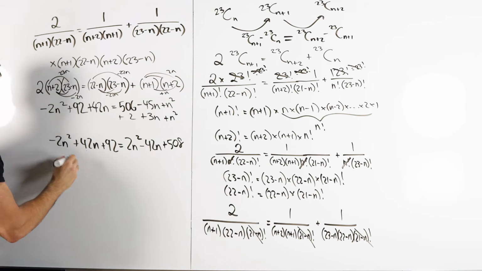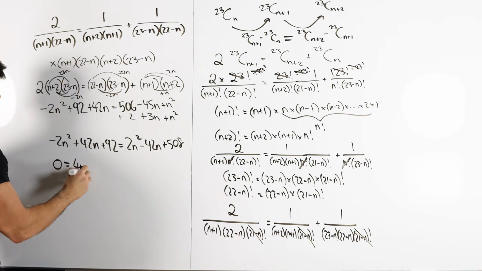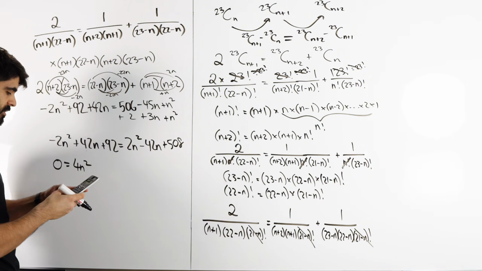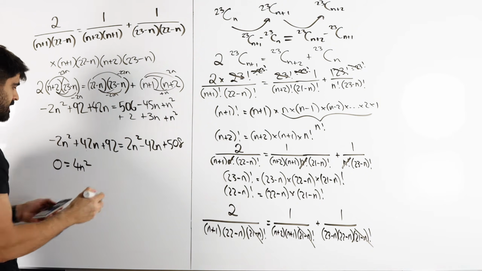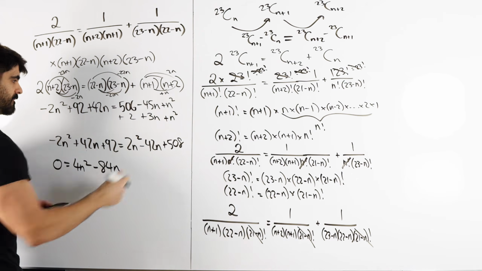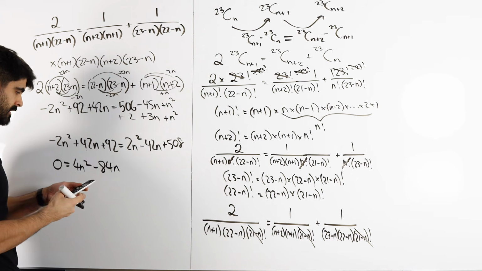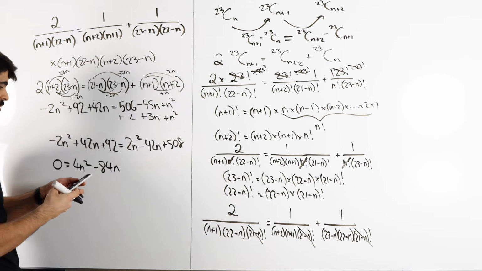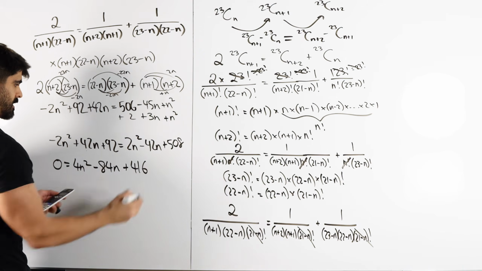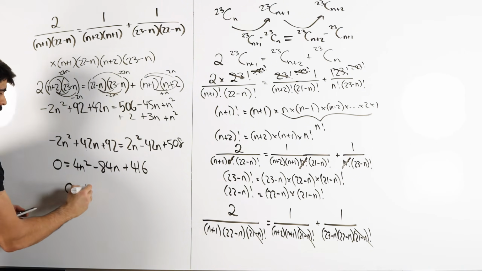We're going to get 0 is, add that over, 4n squared. Minus 42 minus 42 is minus 84n. Then 508 minus 92 is 416. All of these are divisible by 4.